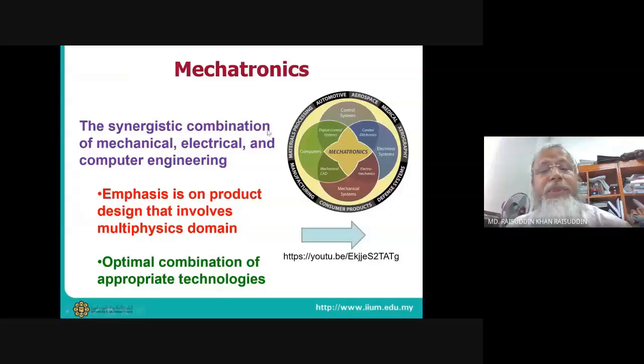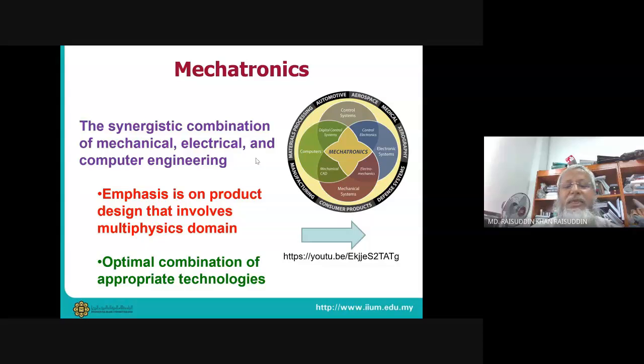And when we talk about mechatronics, it is a special branch of engineering we call the integrated branch. If you go back to the history of engineering, engineering started with basically civil engineering. Before it became civil engineering, engineering used to be known as military engineering.